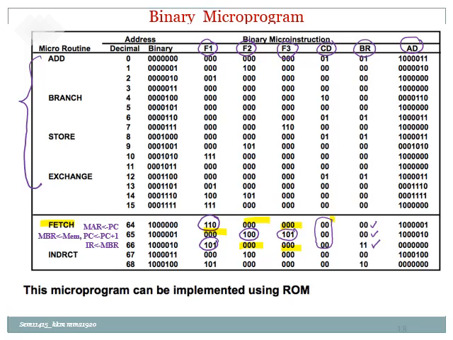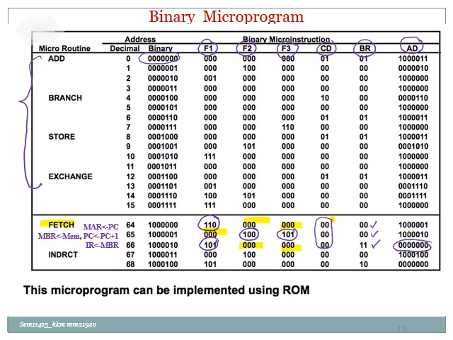Do you go to execute, or indirect? So we have to look at the address. The address is 0, 0, 0, which means we have to go to this address, which is the execute cycle, using the add routine.